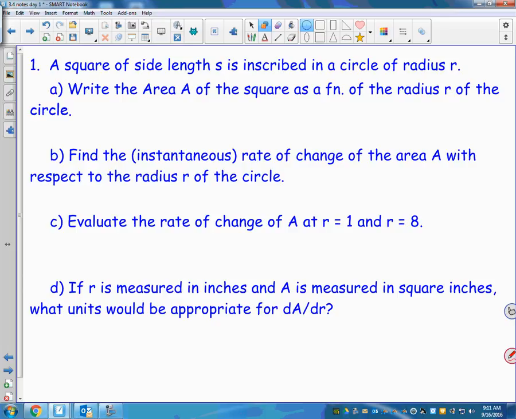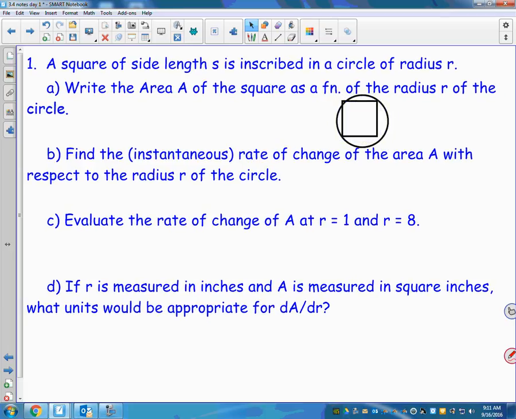I'm going to make a really tiny circle, and then I'm going to make a square inside it. So inscribed means more than just inside.